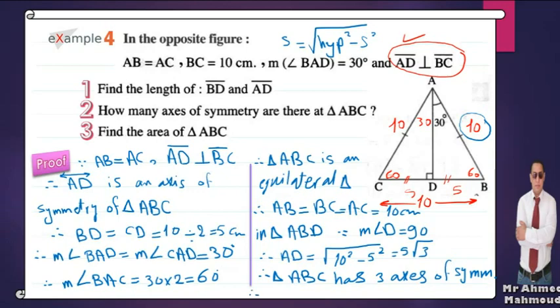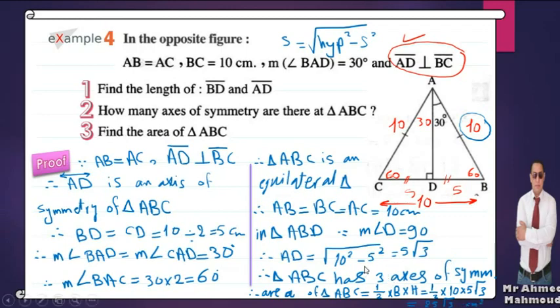Therefore, the area of triangle ABC equals half times base times height, which equals half times 10 times 5 root 3, which equals 25 square root 3 centimeters squared.